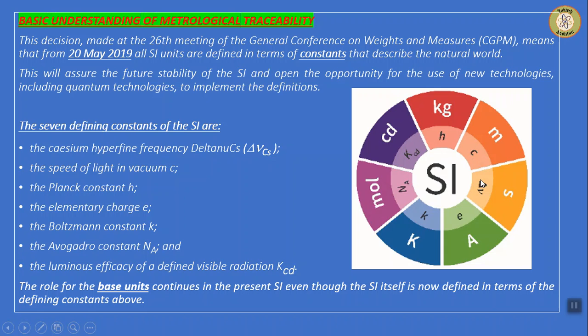So this is how the 7 constant values are defined, and from there the 7 base units are now derived. This is the basic change in SI units. This is also elaborated because it is important to understand for traceability for laboratory purposes.